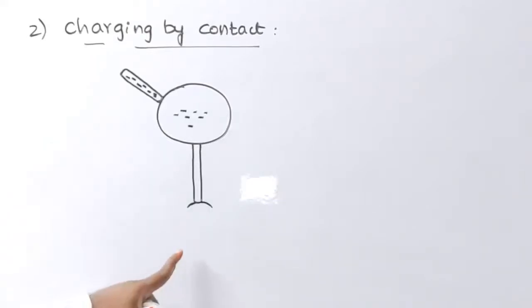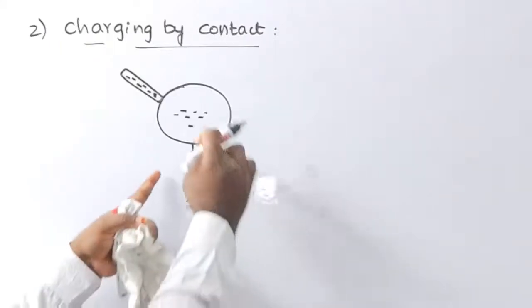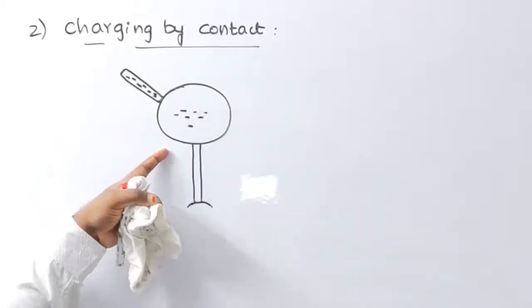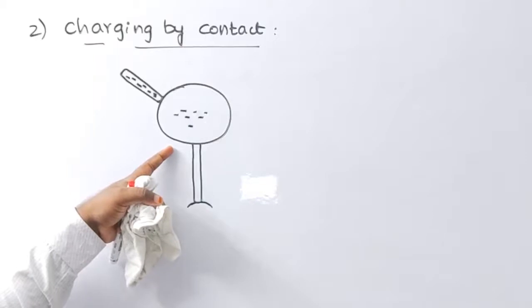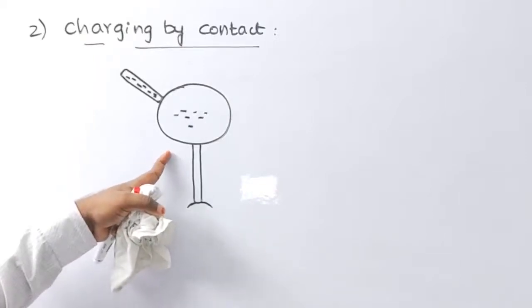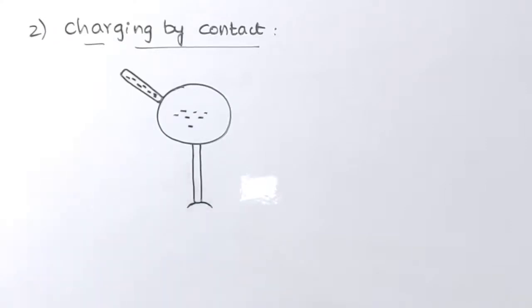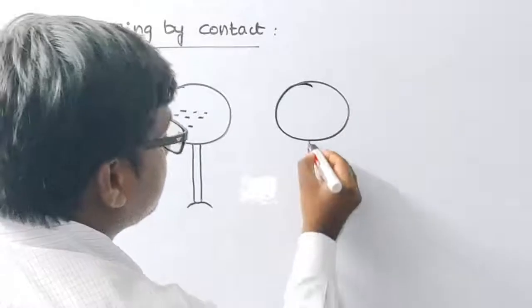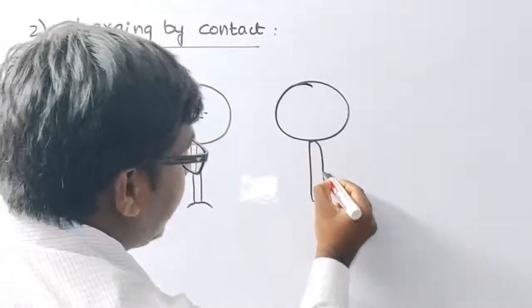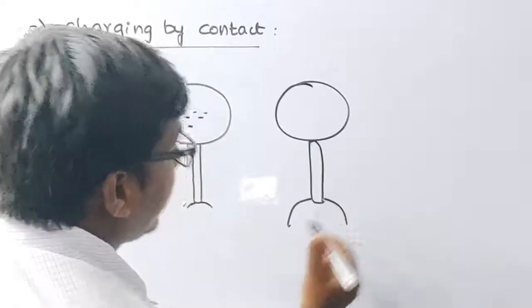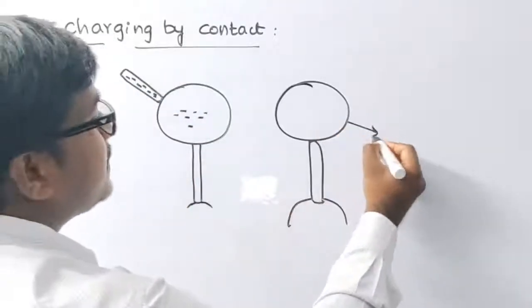Once the electrons are on the metal sphere, where they can move readily, they repel one another and spread out over the sphere surface. Like in this one, students, this is the metal sphere.